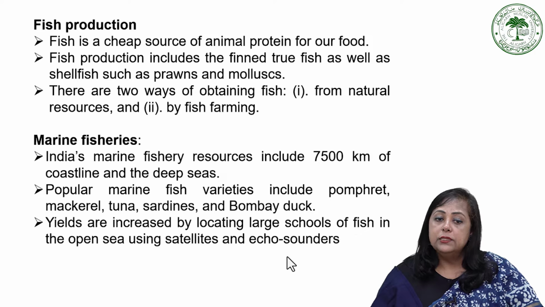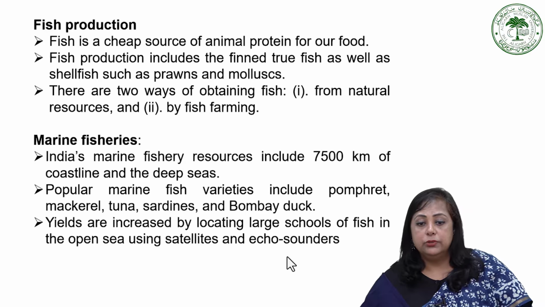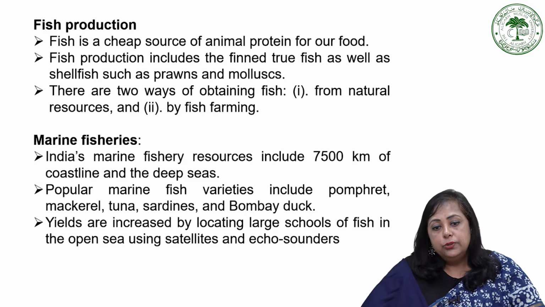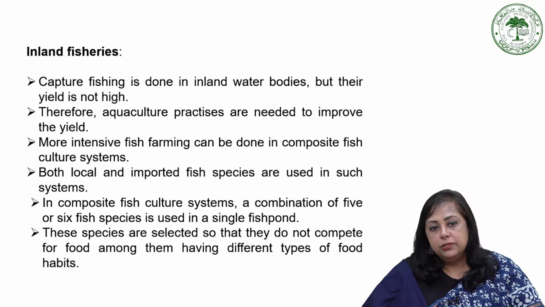The yield is increased by locating large schools of fishes in the open sea using satellites and echo sounders. So among the foods we have fish production, marine fishes, and we also go for inland fisheries.